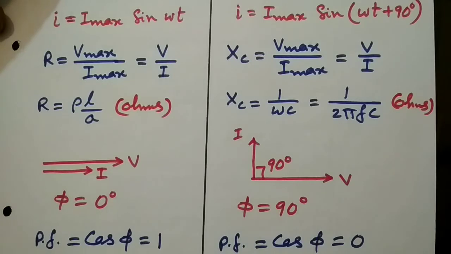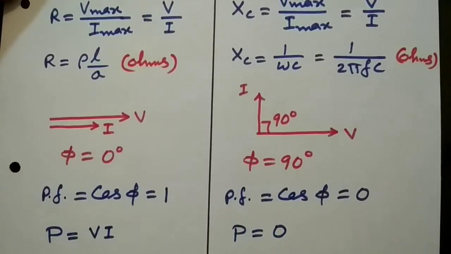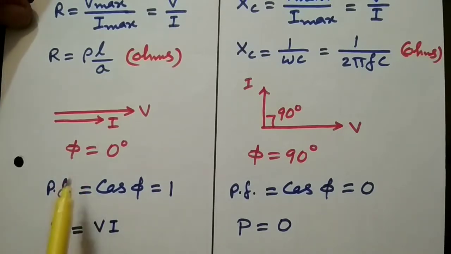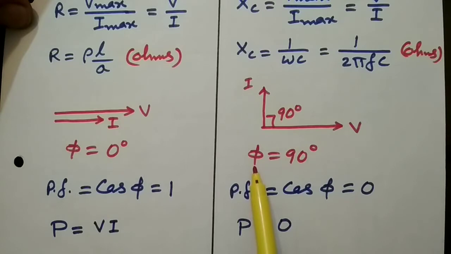We already know the power factor. For a purely resistive circuit, as the angle phi between voltage and current is 0 degrees, the power factor equals 1. Whereas for a purely capacitive circuit, the phase angle between voltage and current is 90 degrees, therefore the power factor will be 0.